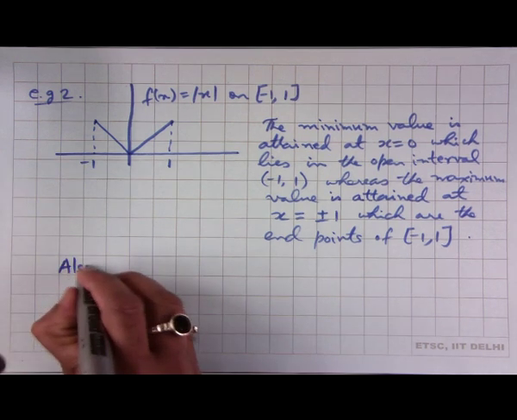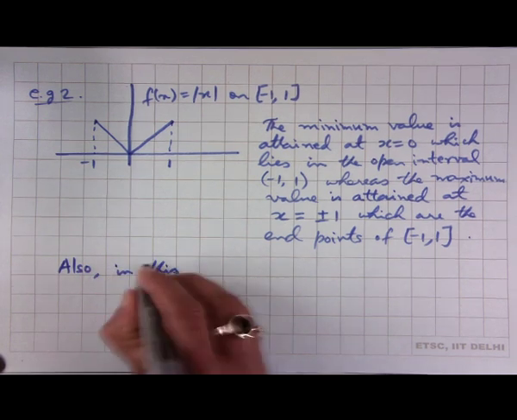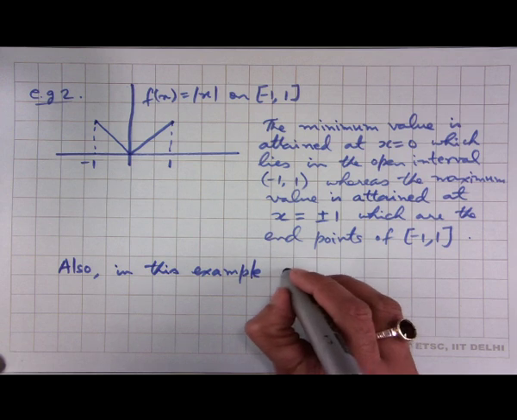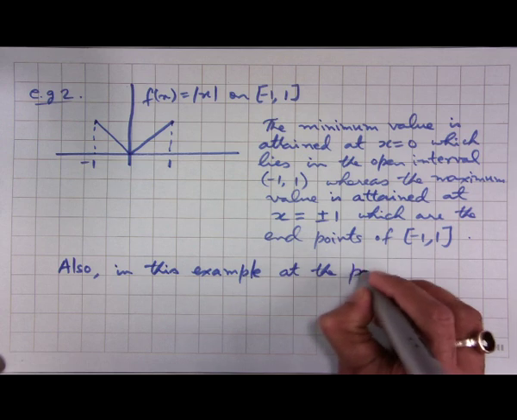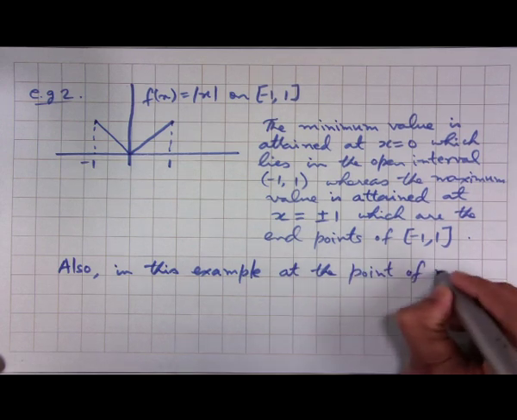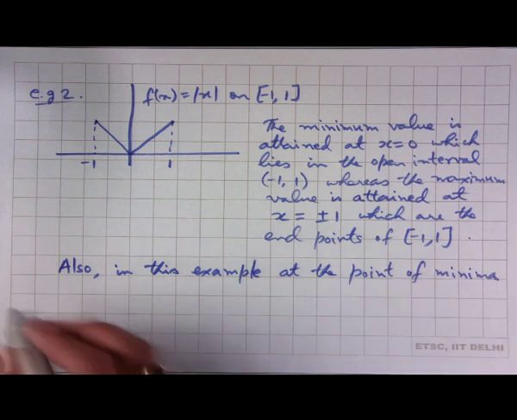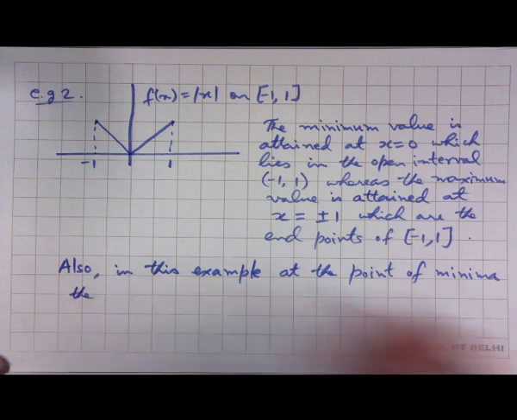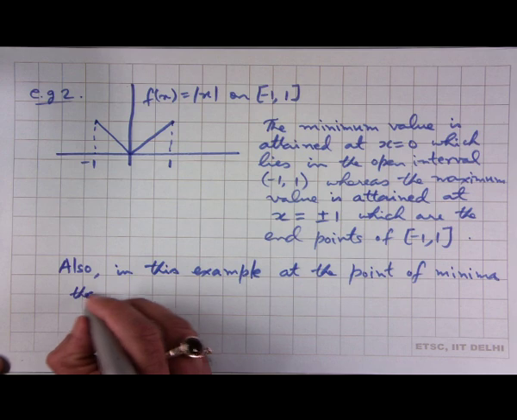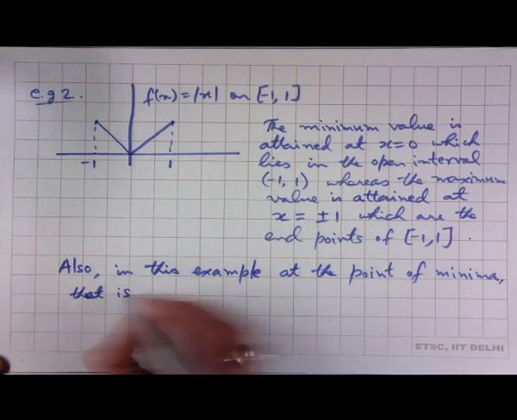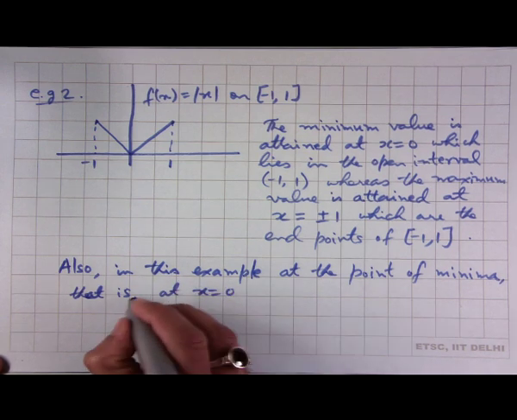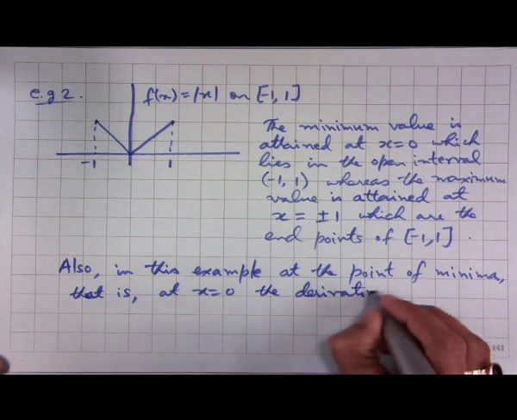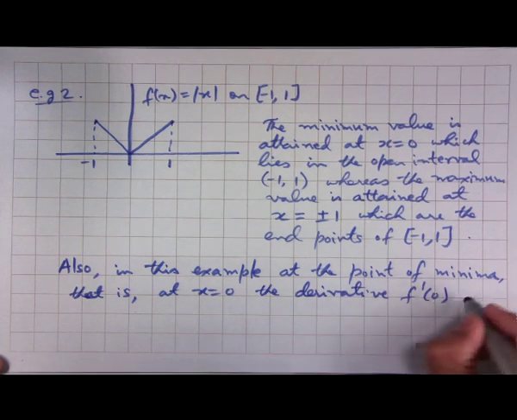Also, in this example, at the point of minima, that is at x equal to 0, the derivative f prime 0 does not exist.